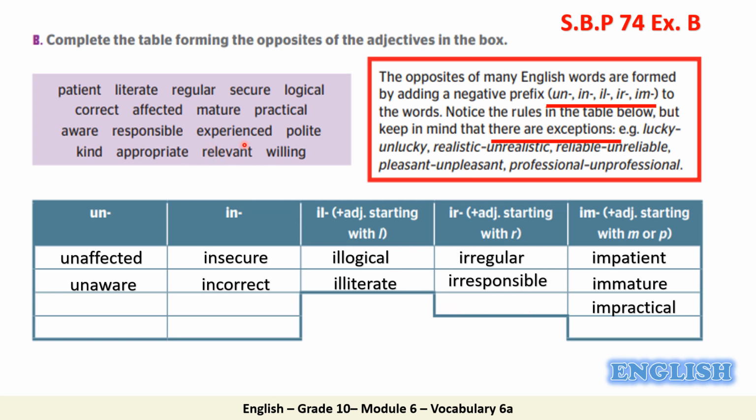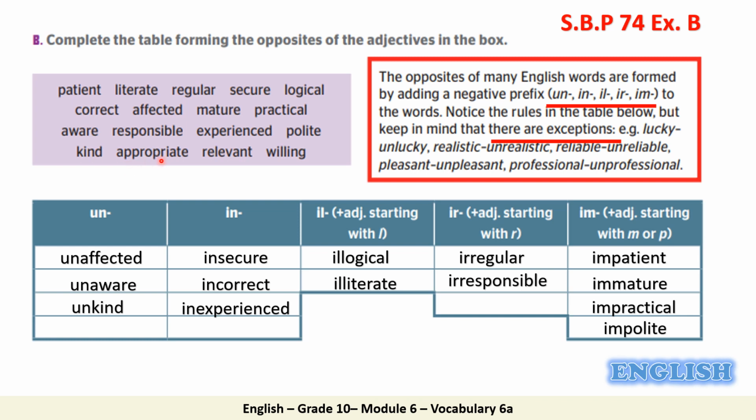Experienced, so it becomes inexperienced. Polite, polite starts with P, so it becomes impolite. Kind, can you say it? That's correct, it's unkind.